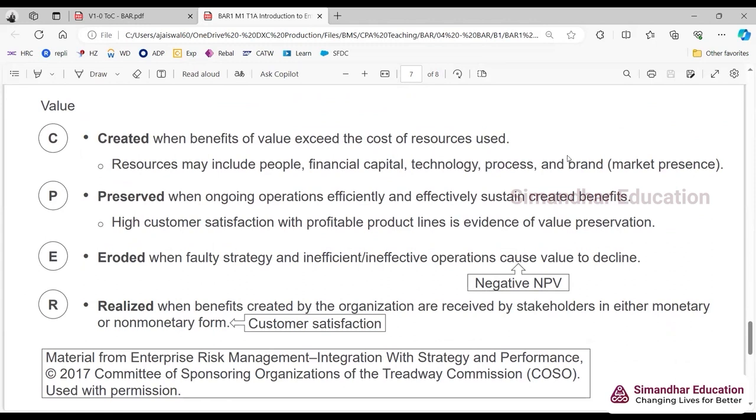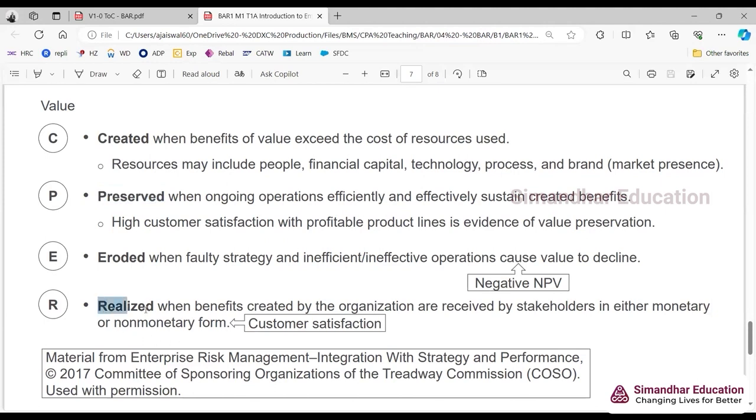If we are incurring losses, then value is eroded. Very simple, right? Value is preserved when we are just maintaining the level at which we are right now, or where we were last year. We are not growing at all. Then value preservation is happening.